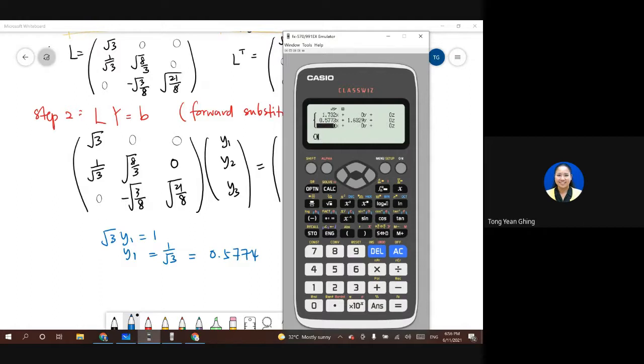And then negative square root of 3 over 8 and square root of 21 over 8, equals 4.